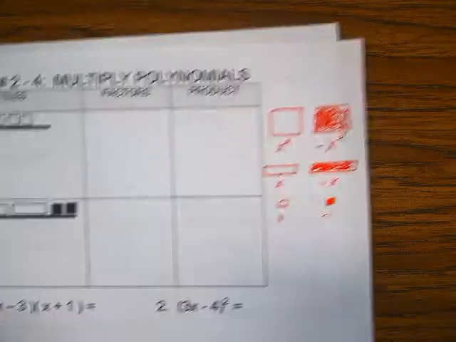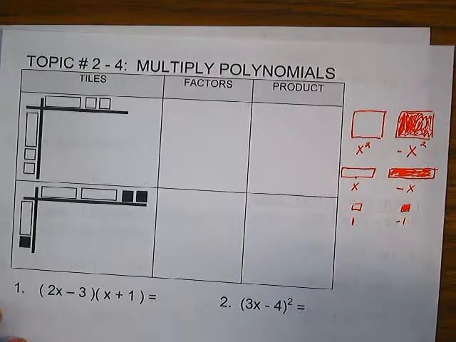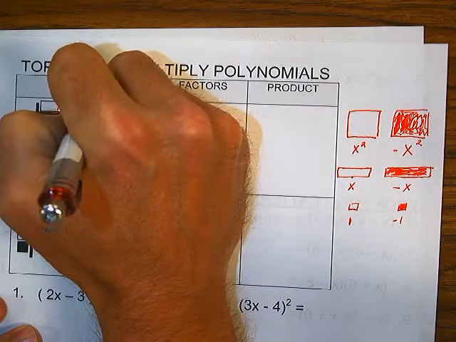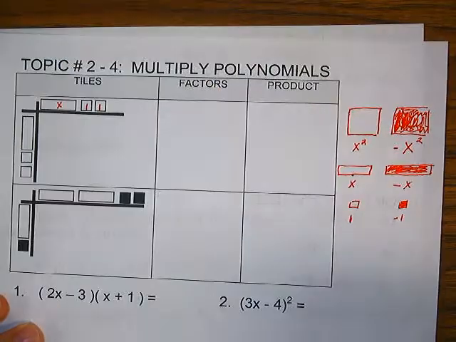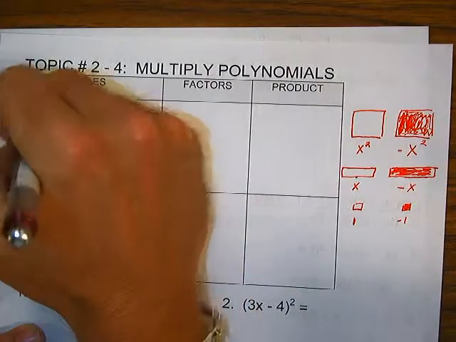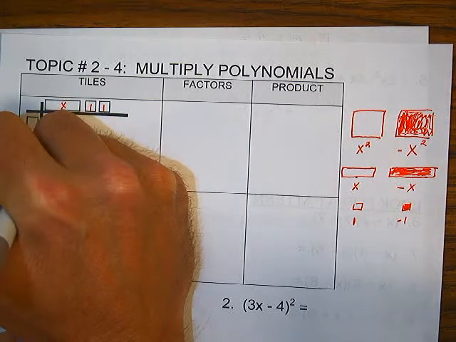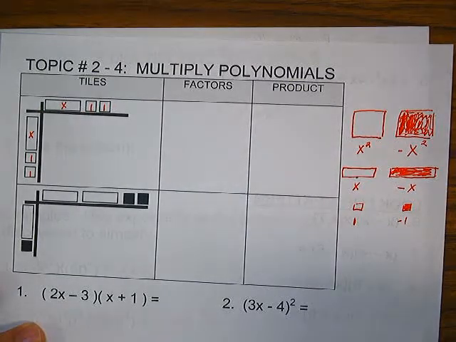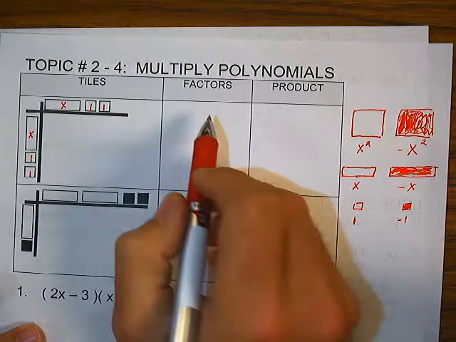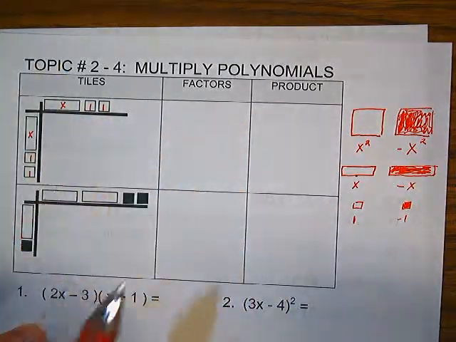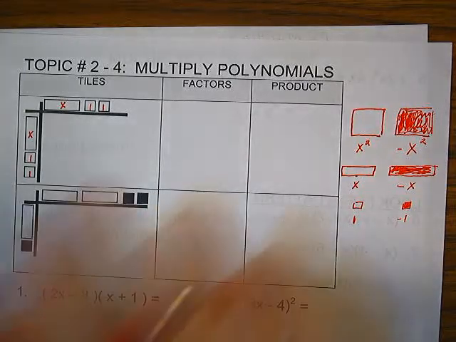Now let's look here. First of all, we have an x and a 1 and a 1. We're going to multiply it times x, 1, times 1, or plus 1. Now, factors. Let's deal with these first. The factors are representative of what we're actually multiplying together.